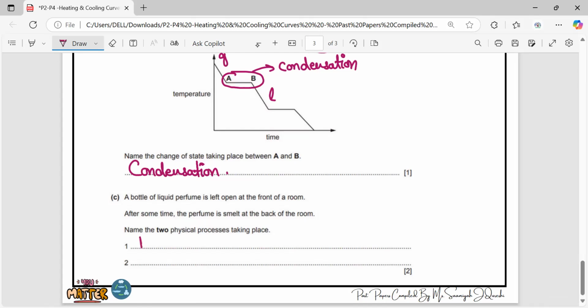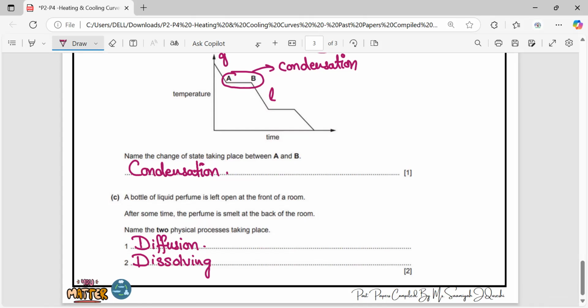So one physical process is diffusion, which I think you all know is the movement of particles from high to low concentration. And the second process is dissolving. So it is dissolving, spreading into the room, and diffusing also.